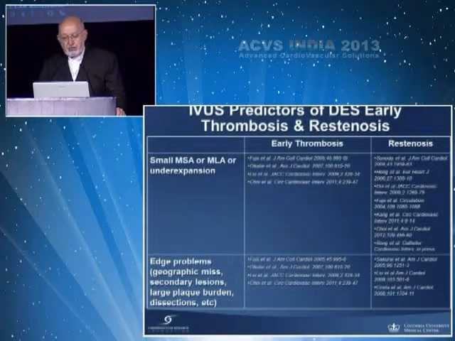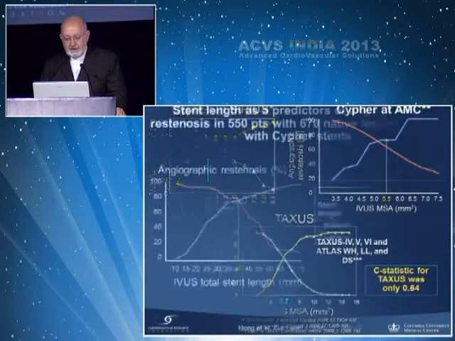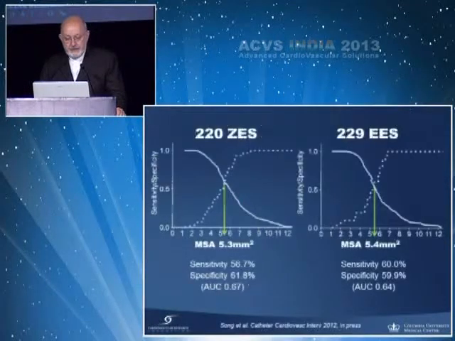We also have a huge literature on IVUS predictors of early thrombosis and restenosis in the DES era, again underexpansion and edge problems. We have cutoffs indicating what the minimum acceptable IVUS lumen stent area is with Cypher, Taxus, Xience, and Resolute.